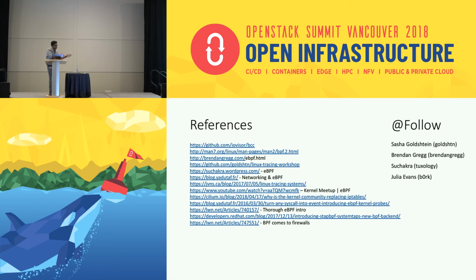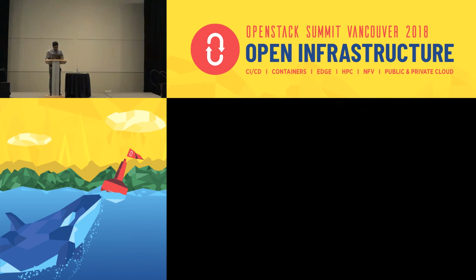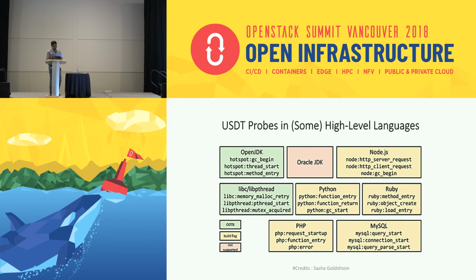And then on the other side, the user space side, you have USDT probes, the statically defined trace points, which exist in various tools. Postgres already has those. The Java, maybe I could show you a quick slide. If you look at the slide, basically all the environments already have these mechanisms in place for you.